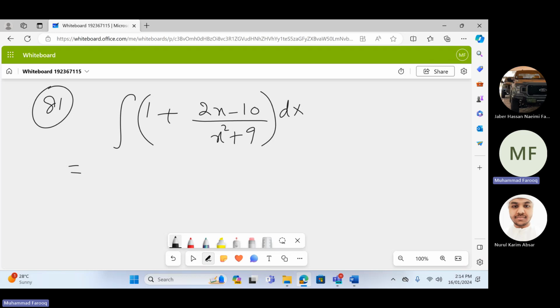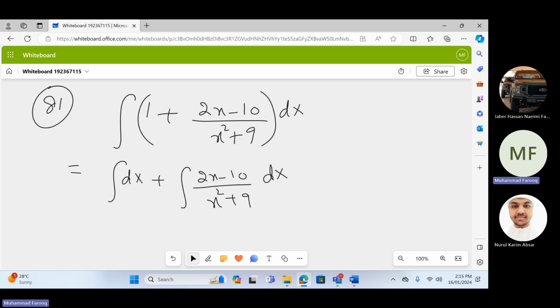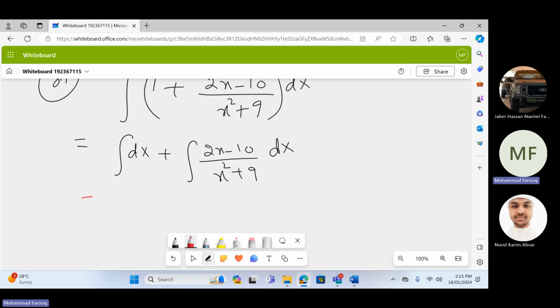Now integrate. Distribute: integral of 1 dx, plus the integral of (2x minus 10) divided by (x squared plus 9) dx. What is the integration of 1? x. This is fine. Here we again have a problem. We cannot integrate right now, because we cannot use the inverse formula.